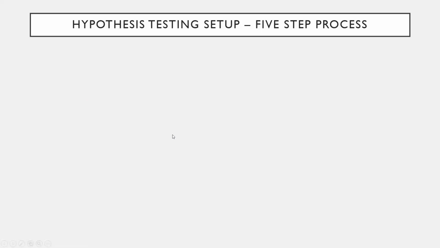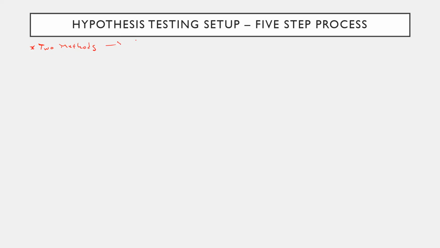So what I want to do during the second half of class is show you how you do hypothesis testing and then get through 2 examples for you. All right, so there are 2 methods for hypothesis testing.